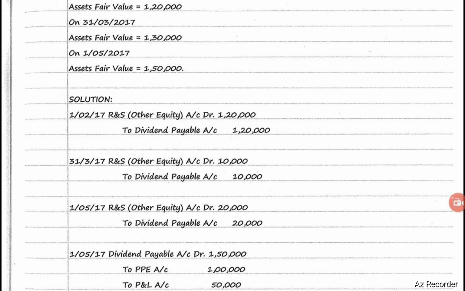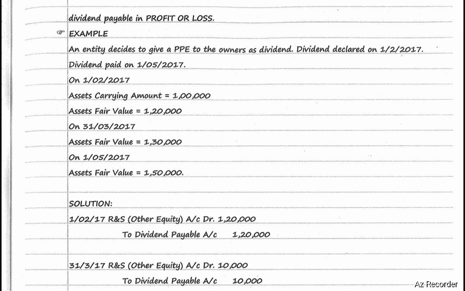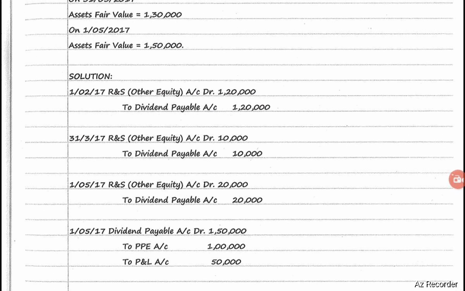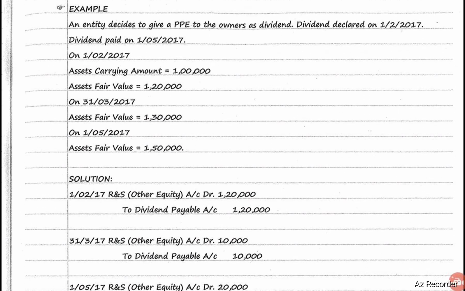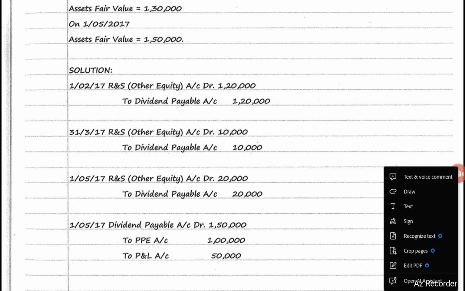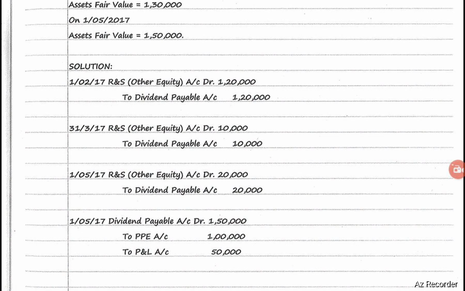Entry will be reserves and surplus other equity account debit to dividend payable account 20,000. In the question it is given that dividend paid on 1st May 2017. In such a case, the entry will be dividend payable account debit 1 lakh 50,000, to PPE 1 lakh, the assets carrying amount, and to PNL 50,000.